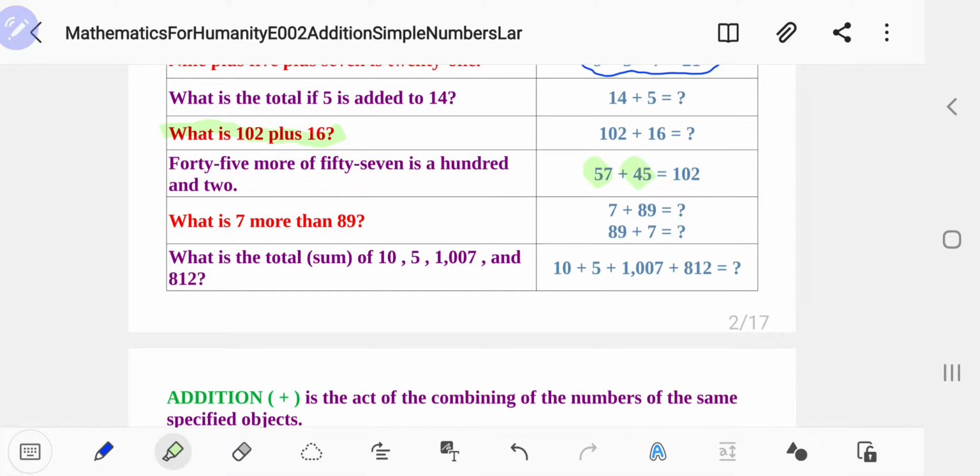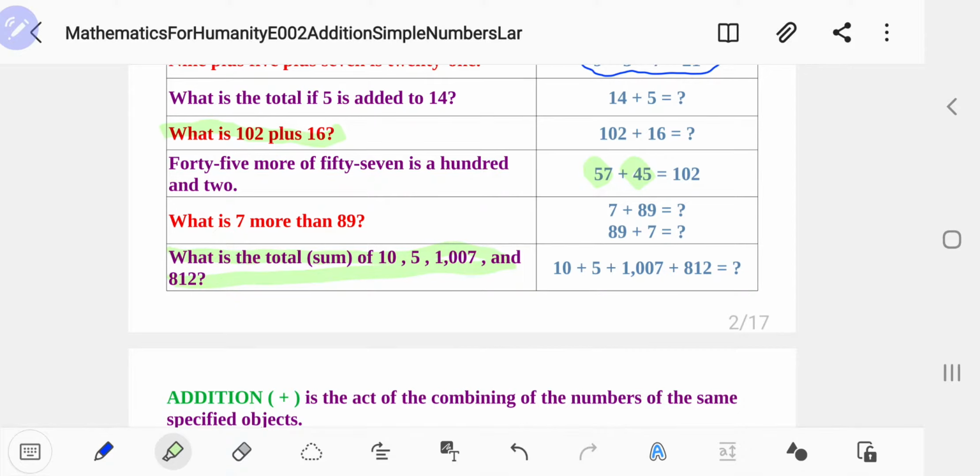Then the next is a question. What is 7 more than 89? So you can convert that into a mathematical expression that's adding 7 plus 89 or 89 plus 7. The next one here.